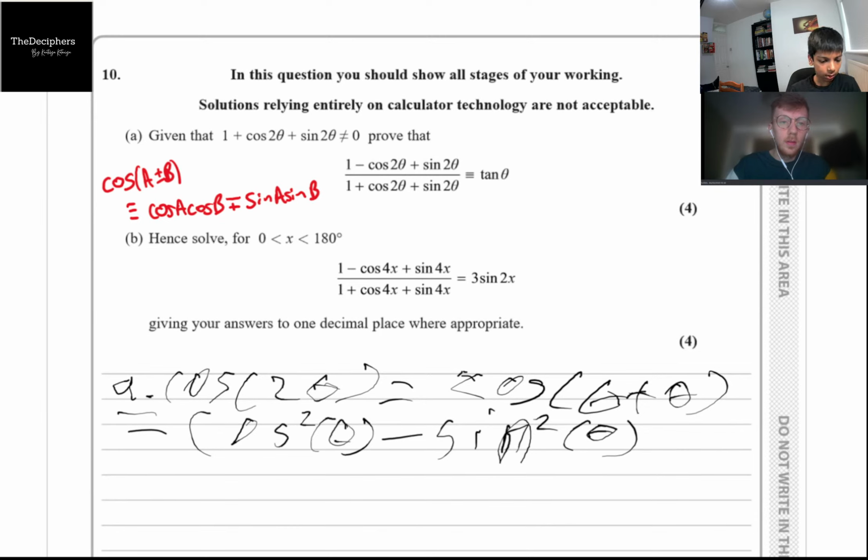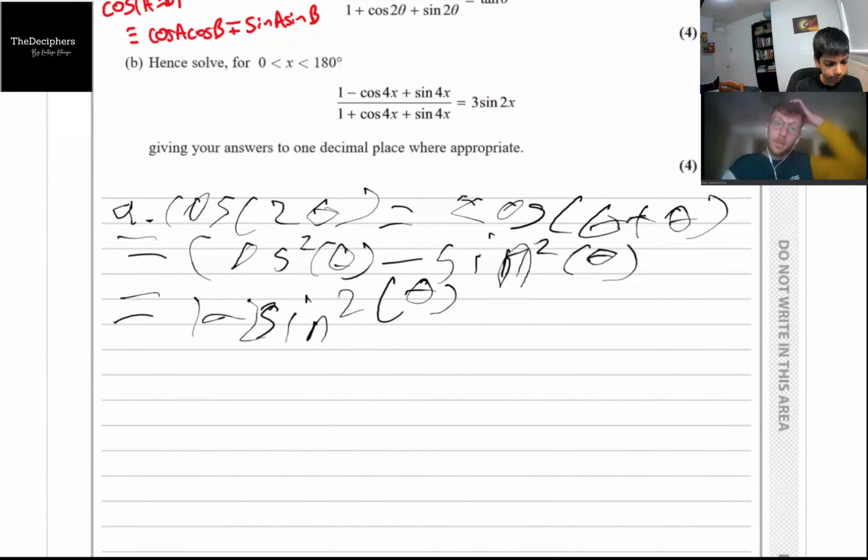So we know that cos squared is 1 minus sine squared. So that's 1 minus sine squared of theta minus sine squared of theta. So that's 1 minus 2 sine squared theta. Yeah. So we've got 1 minus 2 sine squared theta.